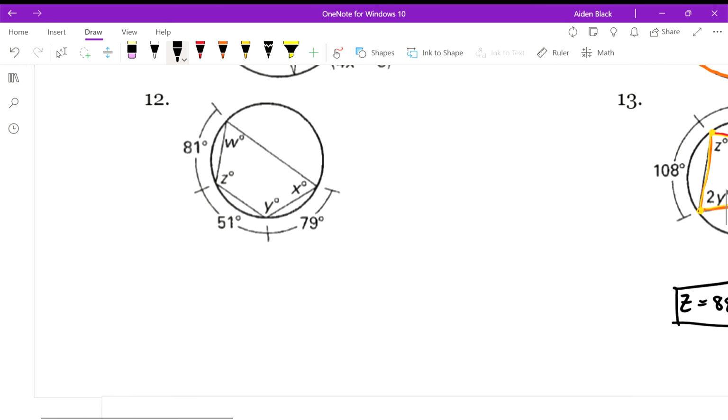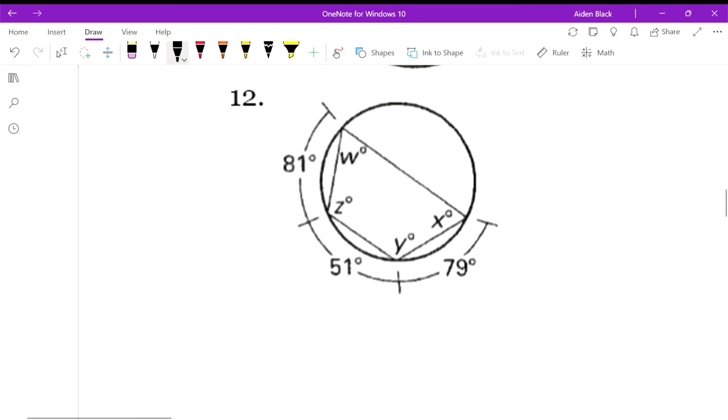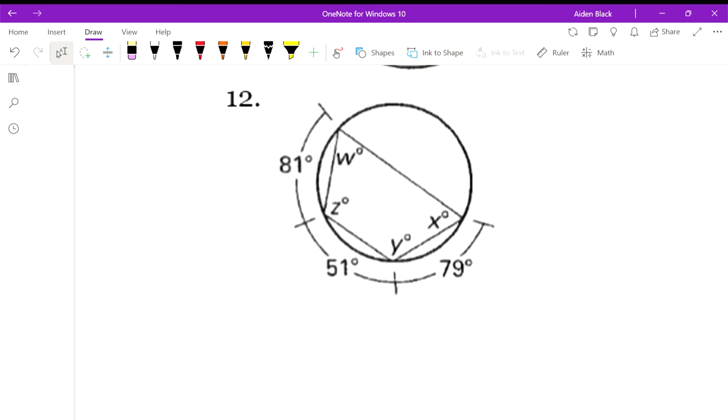And then let's real quick do this problem. So let's look at those angles who share the same endpoints on the circle. For example, z and x. So I know that x plus z equals 180.